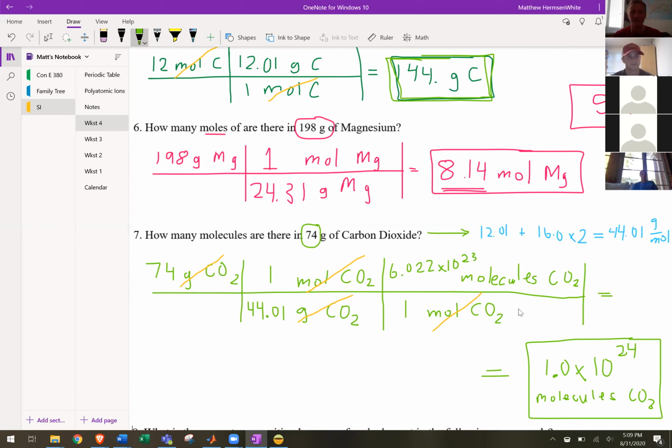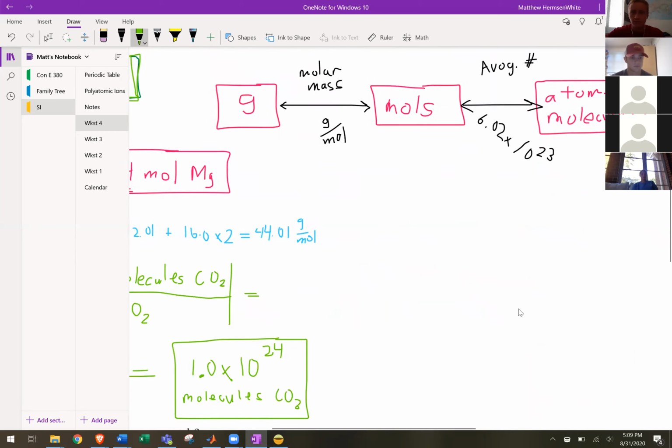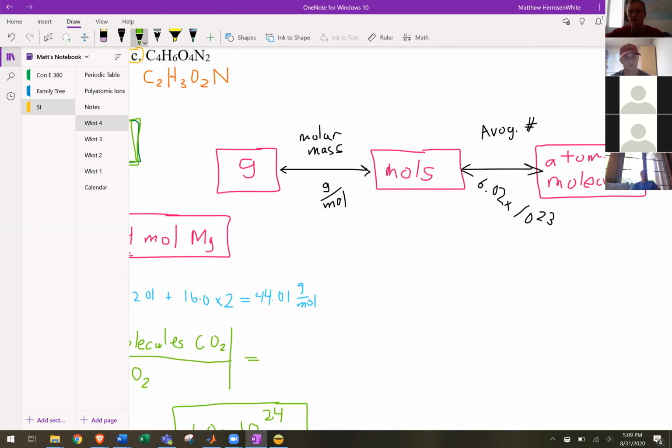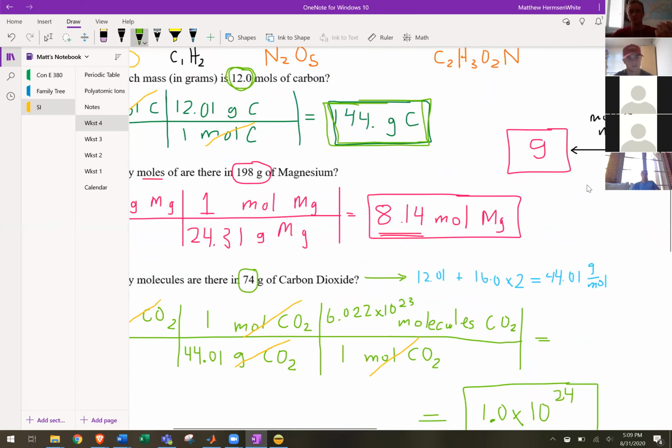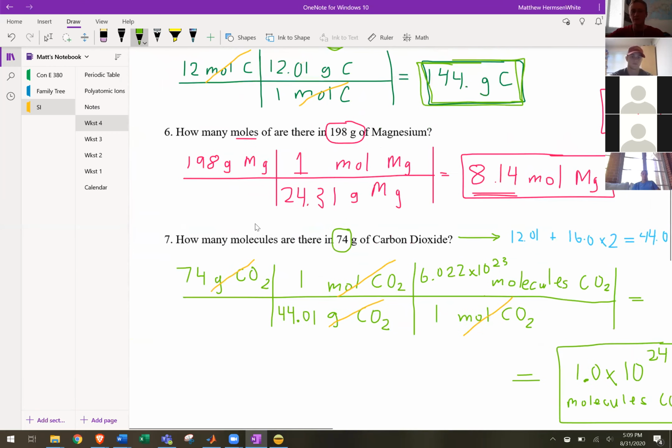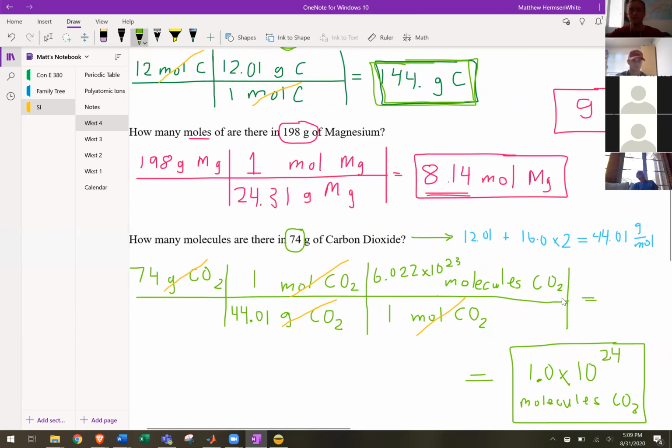So when you say over here you can go moles to atoms and molecules, which one is it? Is it atoms or molecules? The answer is it depends. It depends what you're dealing with. Here we're dealing with carbon dioxide, which is a molecule. Therefore, our answer will be in molecules. If this was just a single atom, then our answer would be in atoms. Does that make sense a little bit, Ryan?